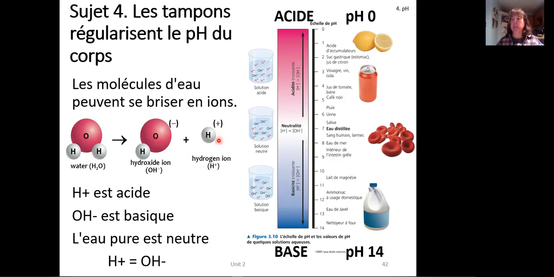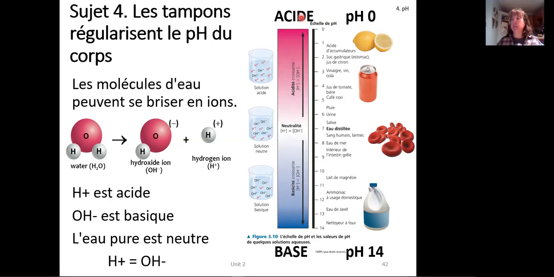The hydrogen ion is acidic. Pure water has an equal number of hydrogen ions and hydroxide ions. So it is neutral. This is the scale that we use to measure pH.